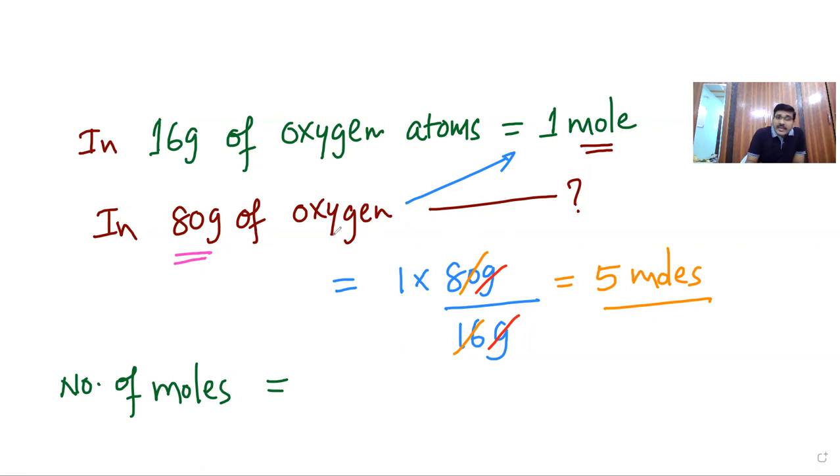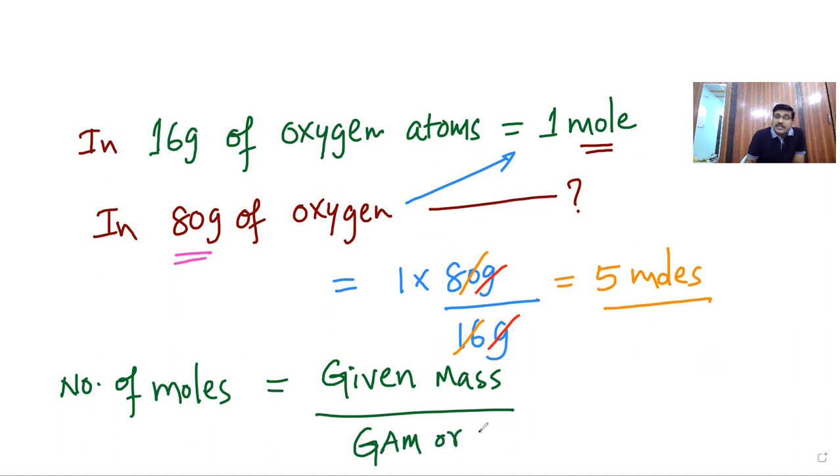We have taken the given mass. In the question, it is the given mass, divided by 16 grams. 16 grams is the denominator. What is the denominator 16 grams? Gram atomic mass, GAM. Or this is also known as molar mass.